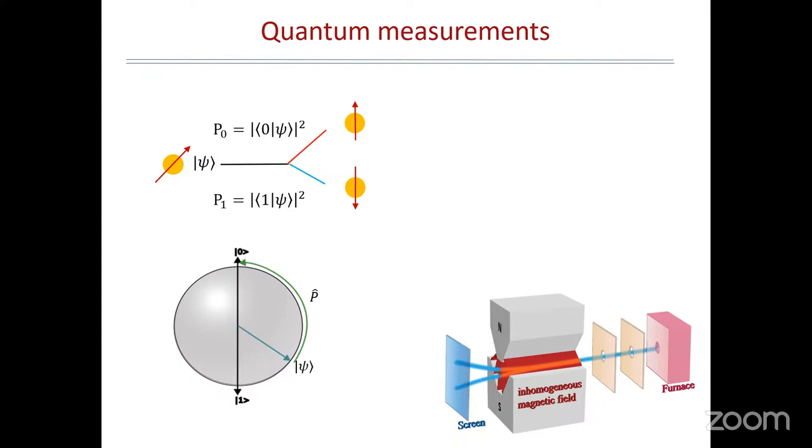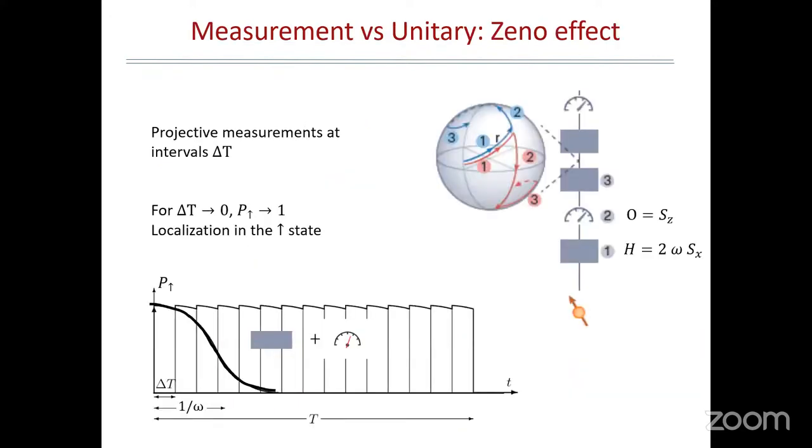We can think of the simplest case, if we're measuring the spin sigma z component, and the system will end up either spin up or spin down. The important aspect is that this will happen depending on the state of the system. You can also think of that on a Bloch sphere, if you prefer that representation, in which the system is kicked to the north or south pole.